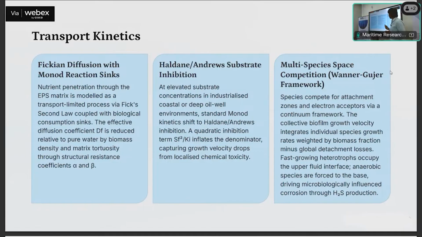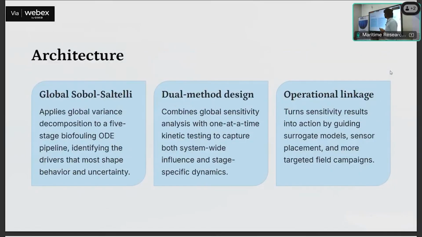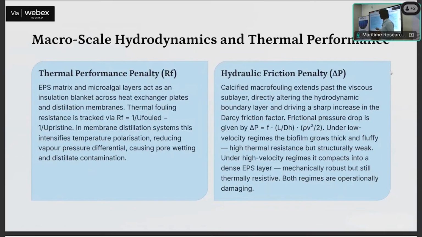So these are the factors I'm considering, and I've done the analysis and calculated two key metrics: one is thermal performance penalty, and the other is hydraulic friction penalty. As the names say, they're penalties that increase temperature or friction, and cause economic burden to the ships.